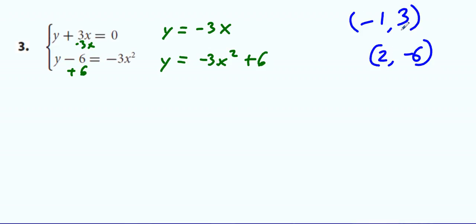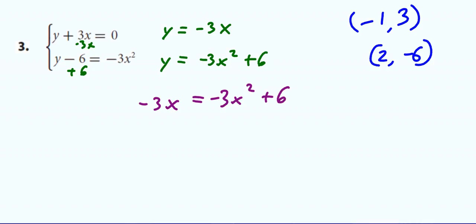So if you're using a graphing calculator, the answers are really quite simple to get. The calculator can do all the work. If you're not, you have to set them equal to each other, like I mentioned in the steps. So that means we're going to take this negative 3x, set it equal to the negative 3x squared plus 6, and solve for x.